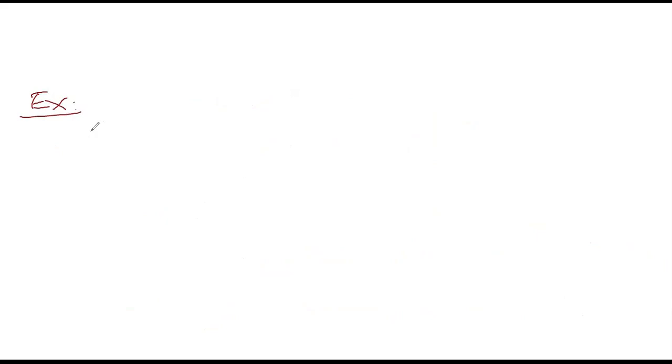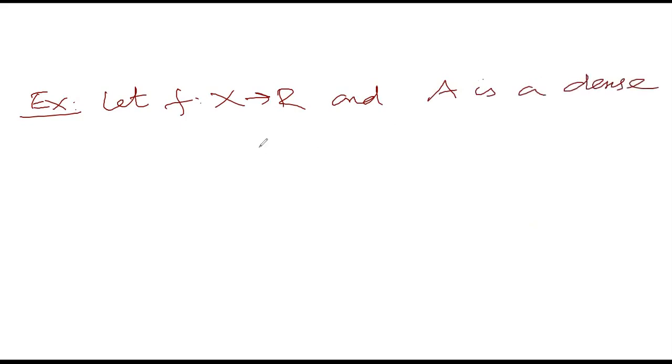Here X is a fixed measure space, and let f be a function from X to R. Then show that f is measurable, and A is a dense subset of R, like Q is dense in R. Its closure is the whole of R.